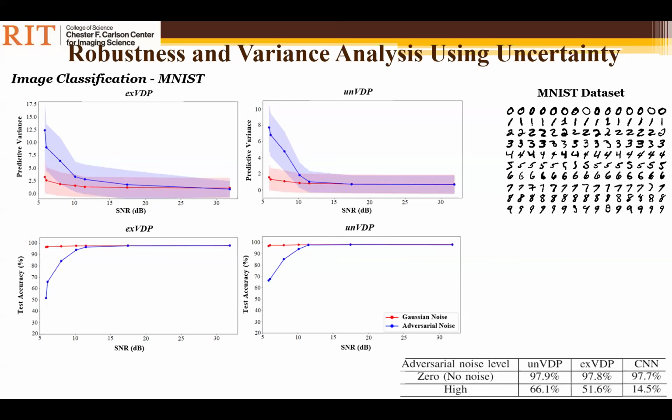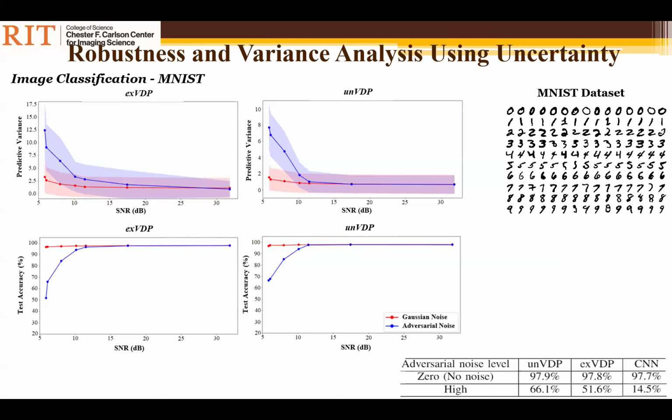We read these graphs from right to left, where as the signal to noise ratio decreases, the noise level increases. If we look at the blue curve, when we have adversarial noise specifically, the variance in the top graph increases when we have more noise, that is, a small SNR, which means a higher level of noise.